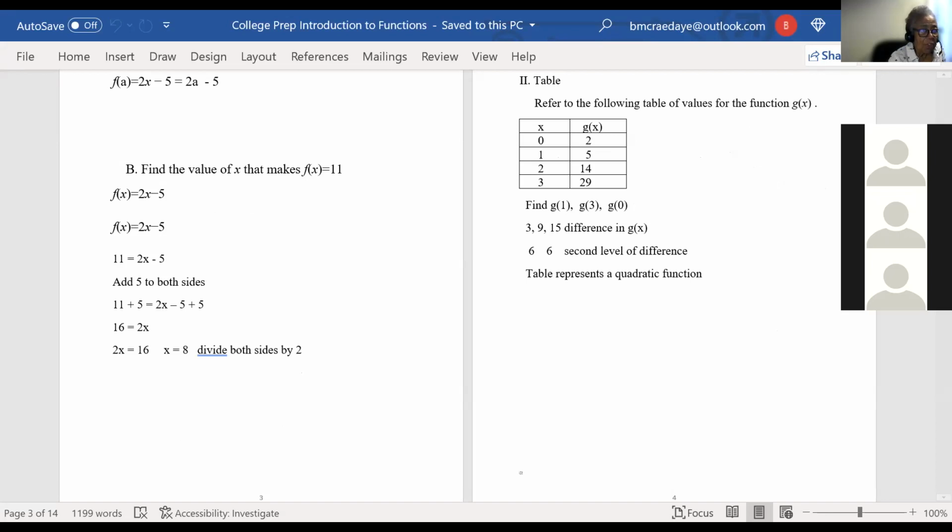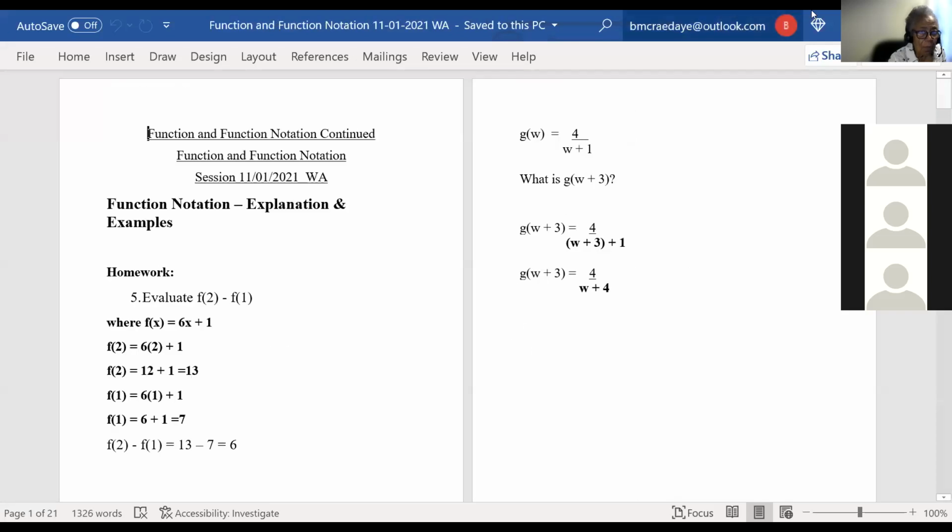Okay, can you see this one, function explanation and examples? This has a date mark. Find the value of x that makes... That's not the one I want. Can you see function notation, explanation, examples? Now, indicate if the following are relations or functions.